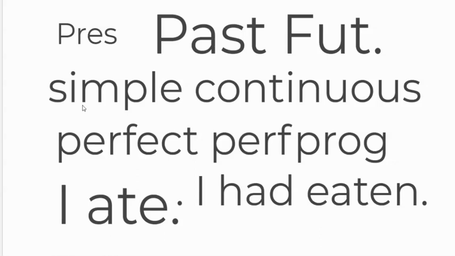Notice that in the second case, I had eaten, even though it's grammatically correct, it seems to be incomplete, right? It presumes that our interlocutor, the person we are speaking to, has some additional knowledge regarding the context of what I'm saying. Because you don't simply say, I had eaten.